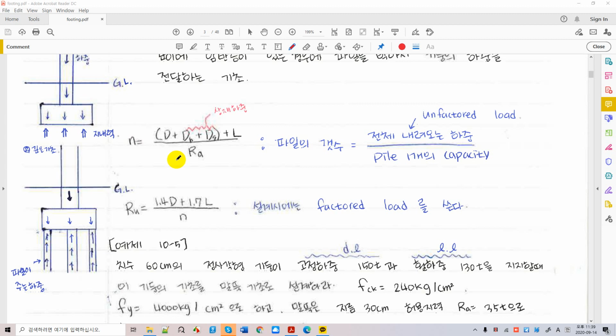Once you get the number of piles, then you can calculate the pile pressure on the pile using a factored load. Factored load, right? So RU is the pile pressure that we need to design against. This RU is the pile force provided by one pile, which is very important, and where you have to use a factored load.